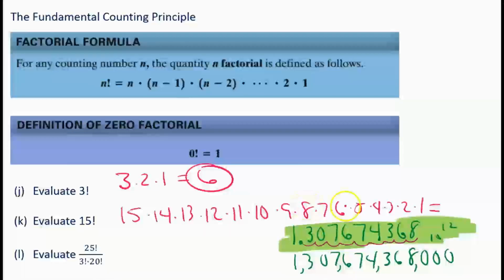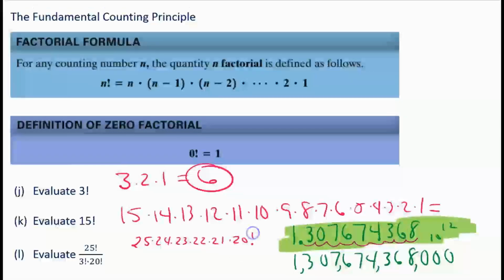Remember what factorials are. 25 factorial is 25 times 24 times 23 times 22 times 21 times 20. But look, I'm going to write factorial, because 20 factorial just means you keep going down. I stopped at 20 because I noticed there's a 20 in the denominator.